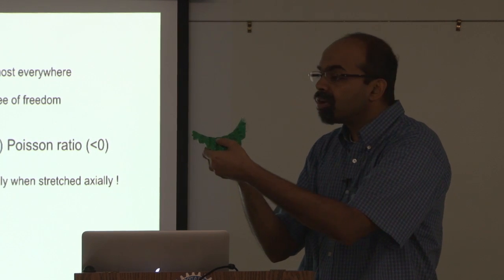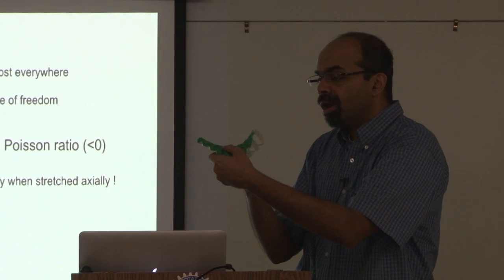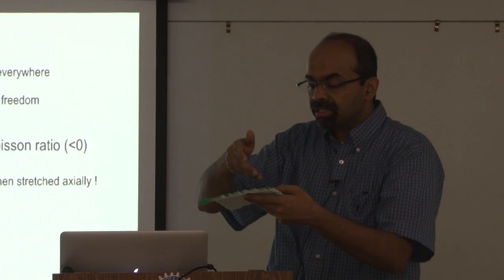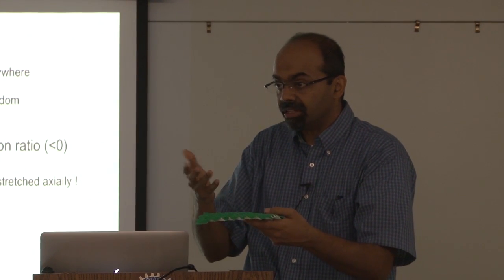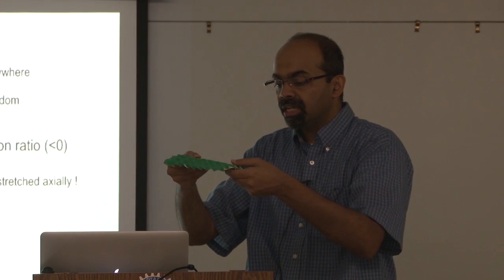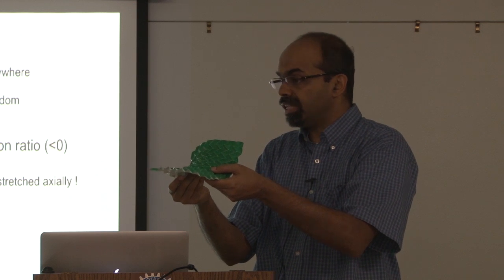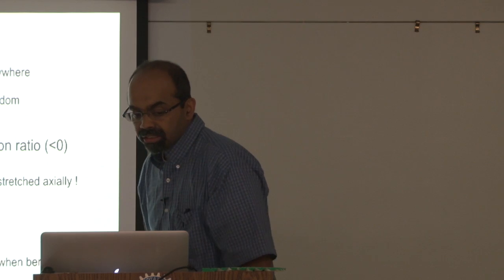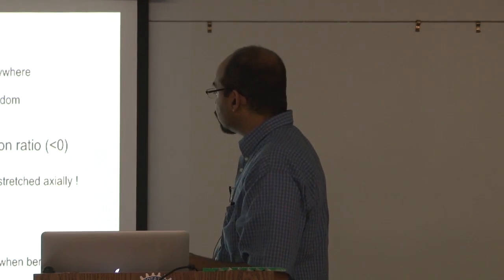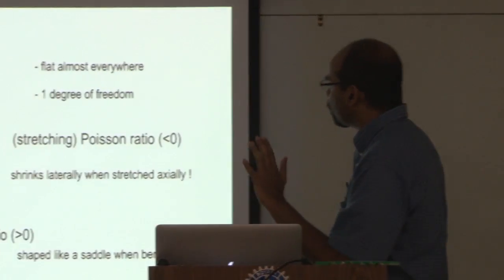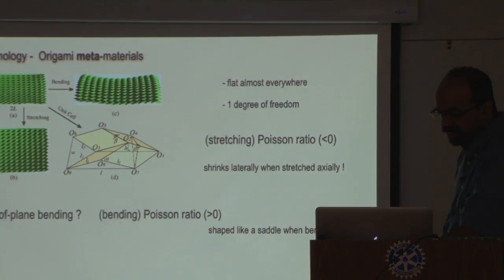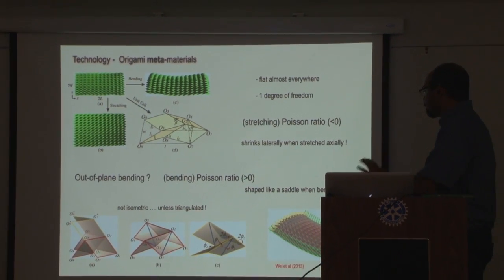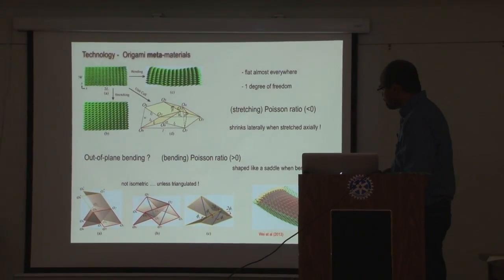So now again, you've got these interesting properties where the actual material does not have any of this. Once you put the folds in, you can do funny things. You can build a saddle, for example. Okay? So in the context of bending it, it can do bizarre things. Again, I'm not going to get into the details. It can essentially drape a saddle, and you can make this mathematical.